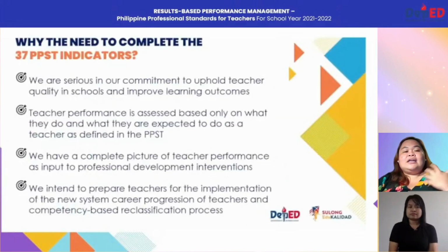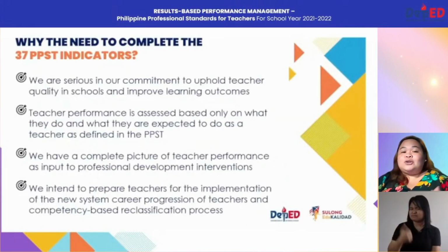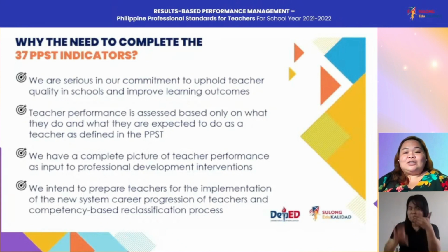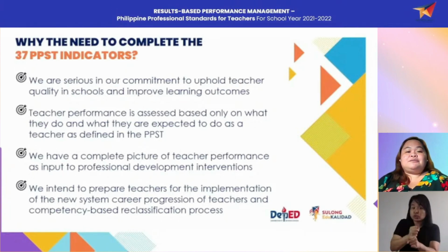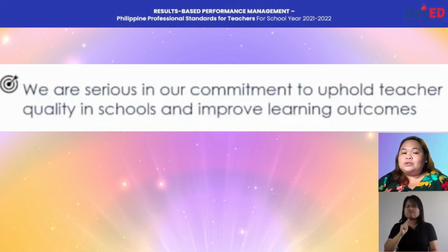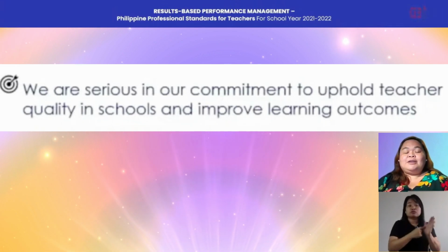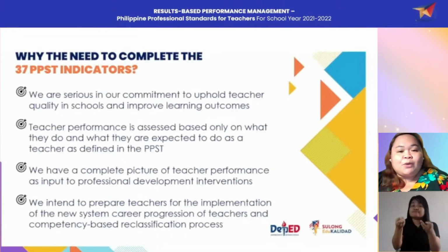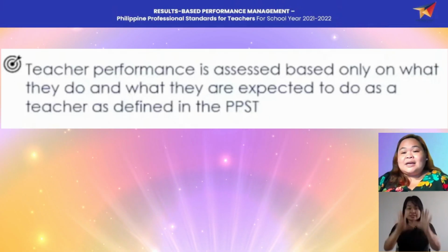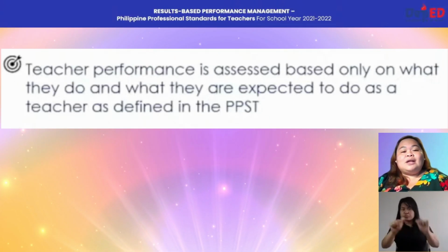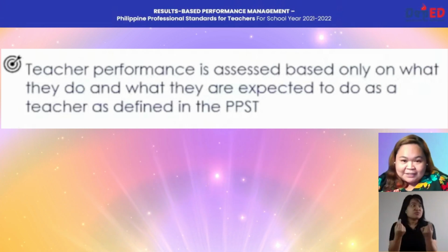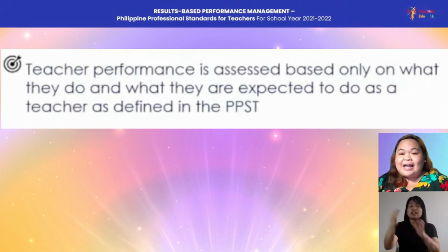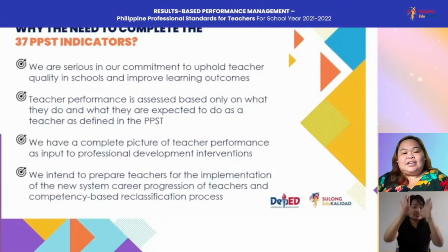So why is there a need to actually complete the 37 PPST indicators in our RPMS? This is to ensure that indeed, the department is very serious in our commitment to uphold teacher quality in schools and improve learning outcomes. At the same time, teacher performance will be assessed based only on what they are expected to do as a teacher as defined in the PPST.